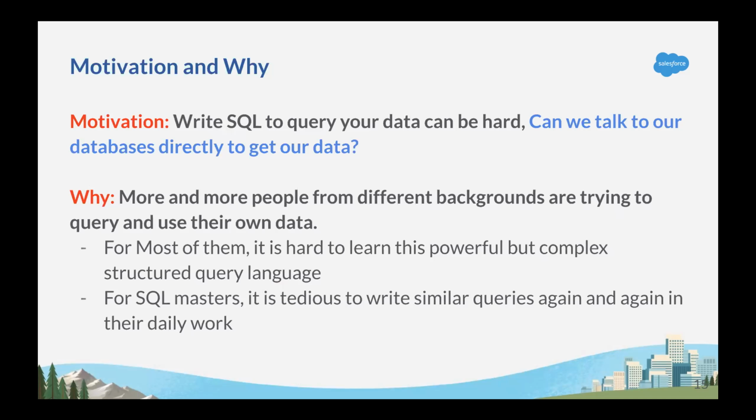They know if they can make better use of their data, they can create bigger business value or science value. So they urgently need a flexible, convenient way to use their own data, and text-to-SQL could make their life easier.